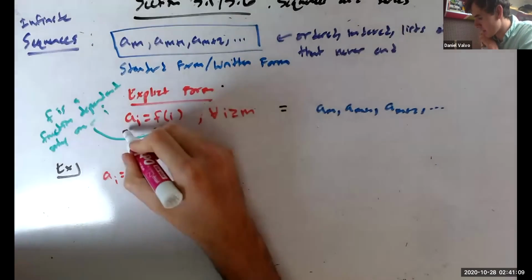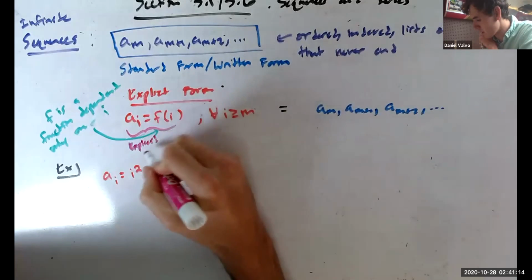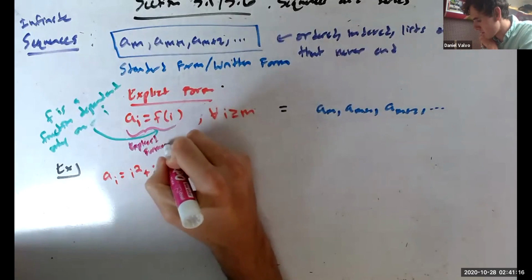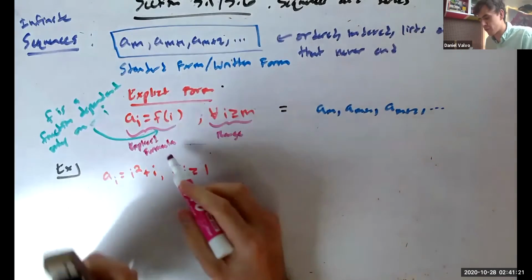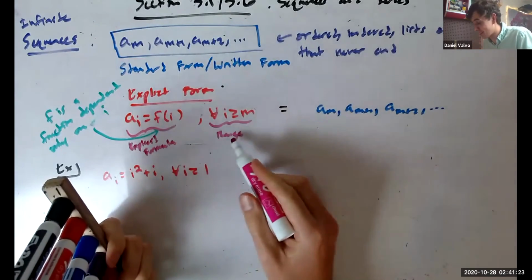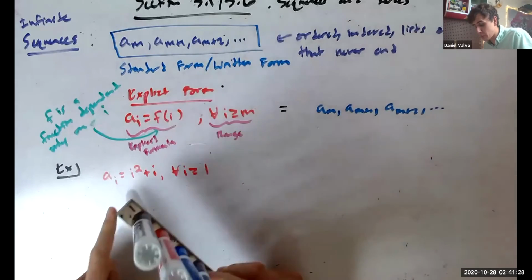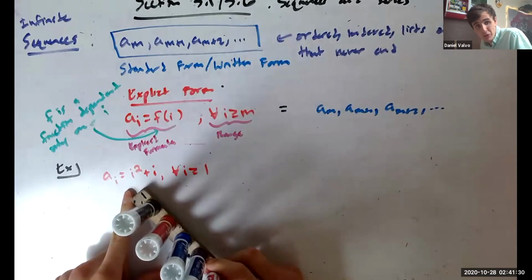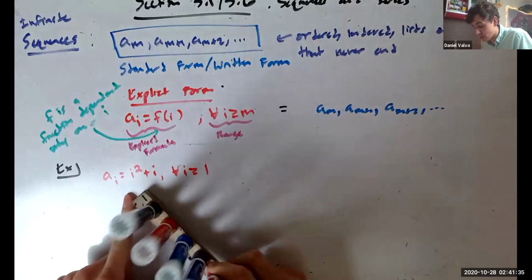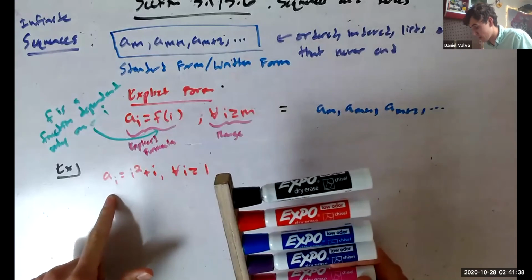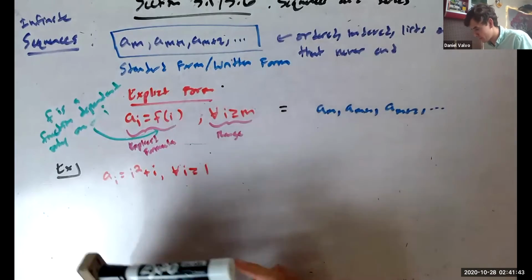By the way, we'll call this the explicit formula, and we'll call this the range, because this is the formula that tells you what each term is, and this is the range of values we're considering. So here, our explicit formula that tells us the ith term in terms of the index i is i squared plus i. And the range is for all i greater than or equal to 1, so we're starting at 1.